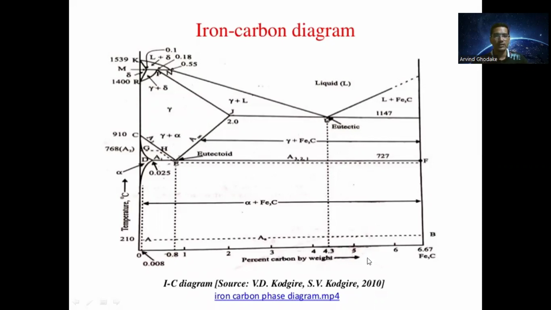On the x-axis you will observe the percentage of carbon starting from 0 to 6.67, and on the y-axis you will observe the temperature in degrees Celsius. Depending on the cooling and the percentage composition of the carbon in the iron, different phases exist for the material.